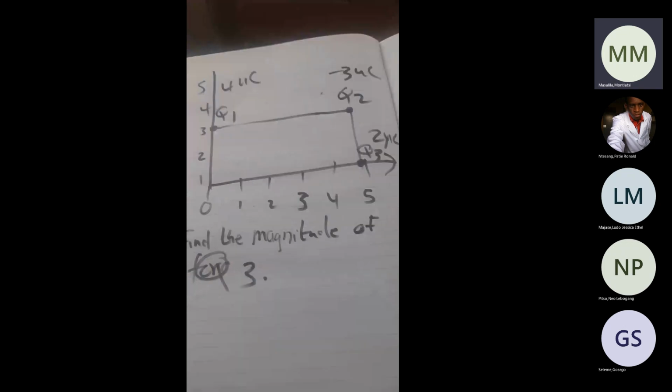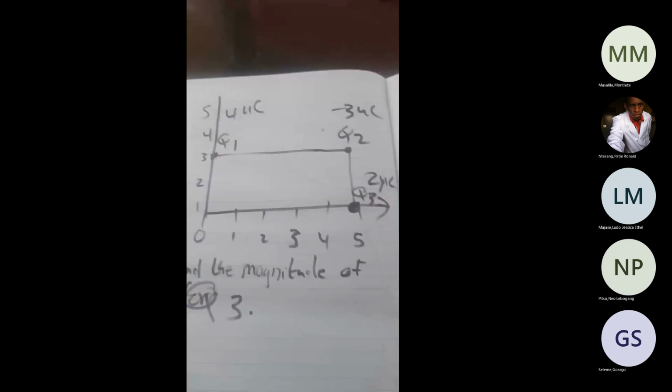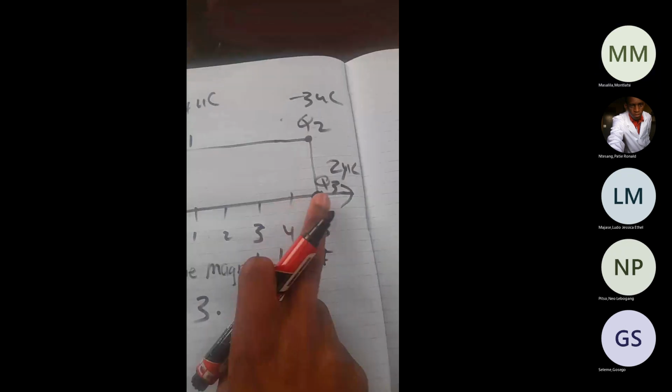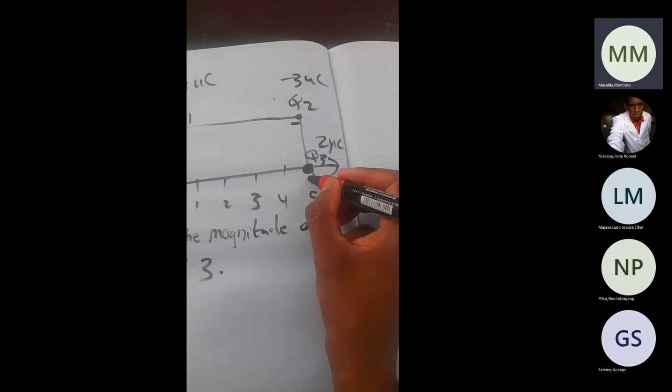This is our charge 3. Now you are going to find the magnitude on this charge from this guy. So this force is positive, this force is negative, and this force is what? And this force is positive.